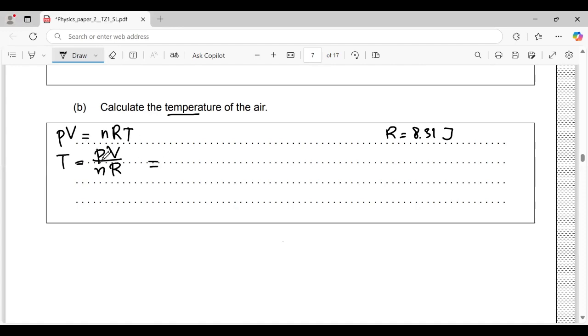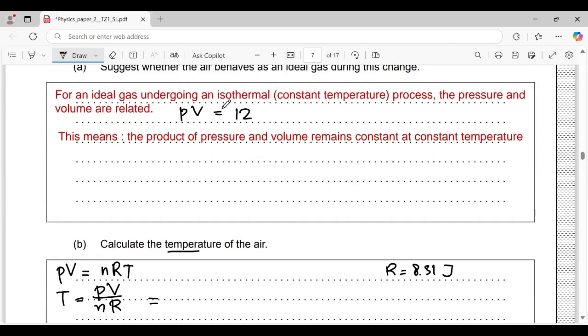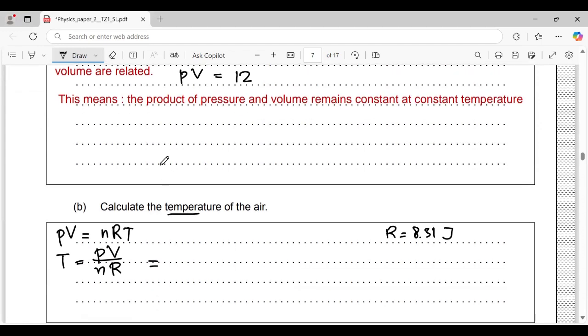PV is 12 according to number 3A. So it means 12 divided by n. n is 4.5 times 10 power minus 3 mole, according to this information.